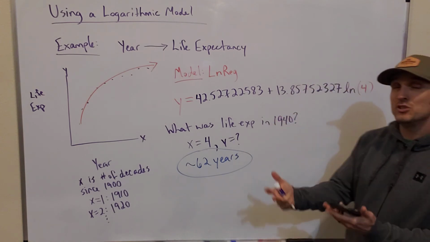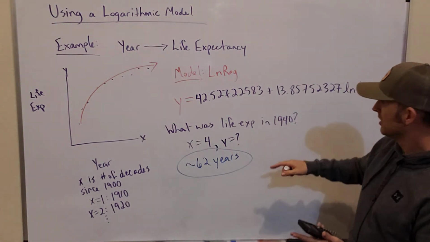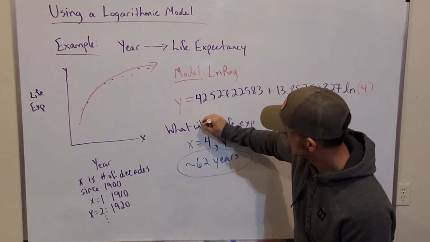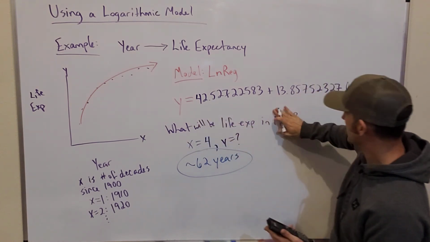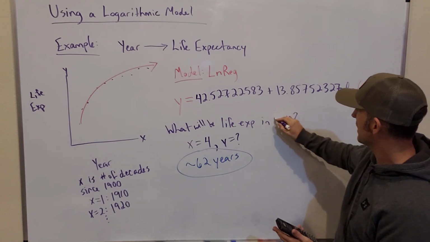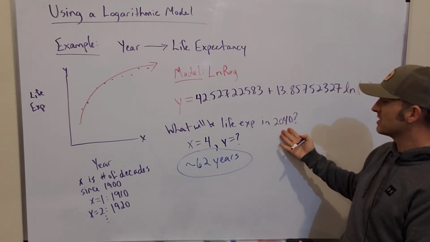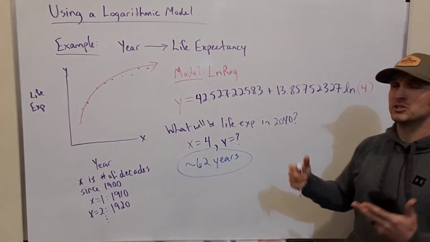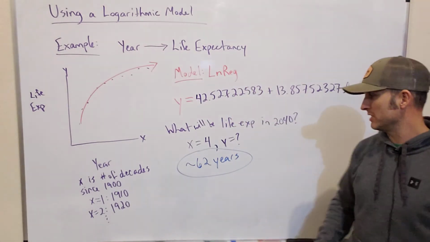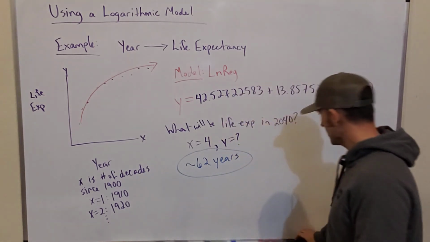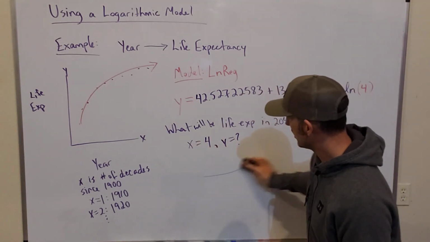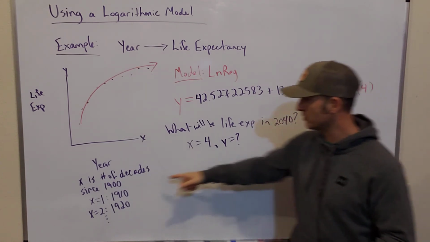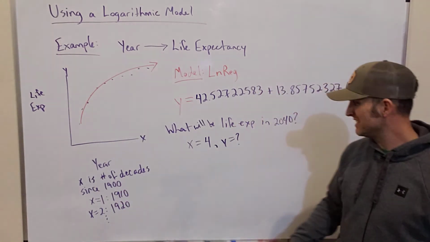Now, let's use this model to make a prediction. What will be the life expectancy, let's say, in 2040? Of course, that's assuming that this model continues, right? That's the idea with modeling, is you assume it continues and you make a prediction based on that. So in this case, if we're talking about 2040, well, that's 140 years after 1900. So that's 14 decades.